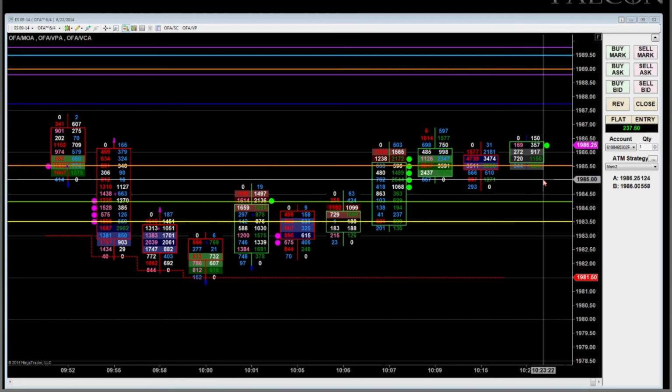Good question. With VPOC moving lower, unfinished auction to the downside in the volume profile, is it fair to look for a short at 83.75? So if price drops below 83.75, yesterday's low of day is 83.50.